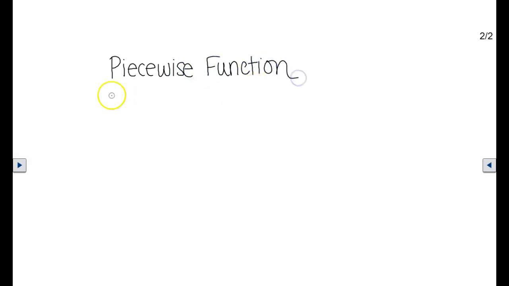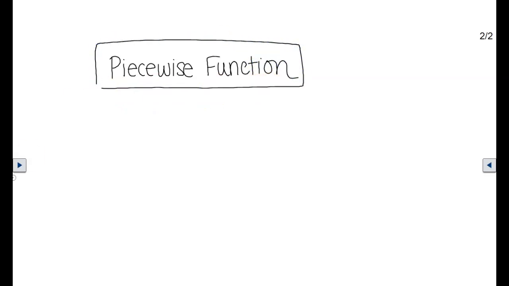But today what we want to do is talk about a special type of function called a piecewise function. We are actually going to deal with piecewise functions for the next couple of lessons. We're going to be evaluating them today and then graphing them later in the week. Now, here's what we need to know about a piecewise function.